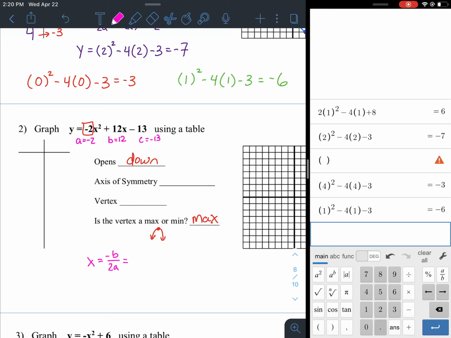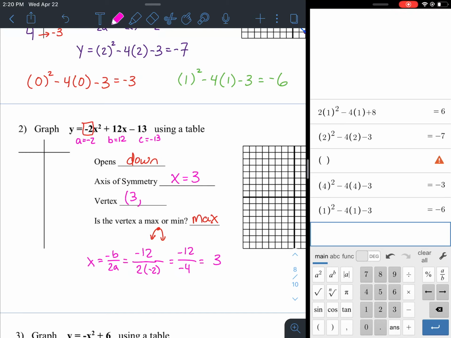So opposite of b, opposite of 12, is negative 12, over 2 times a. A is negative 2. So negative 12 on top, 2 times negative 2 is negative 4 on bottom. Negative 12 divided by negative 4 is positive 3. Therefore, my vertex is at 3 something, and my axis of symmetry is at x equals 3.